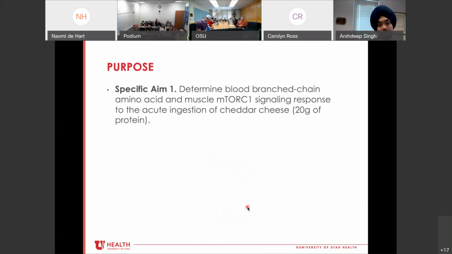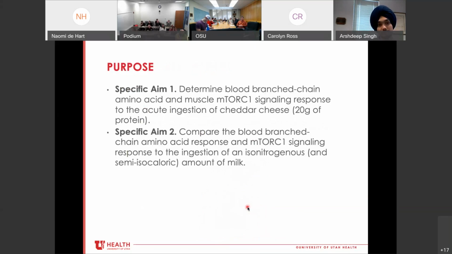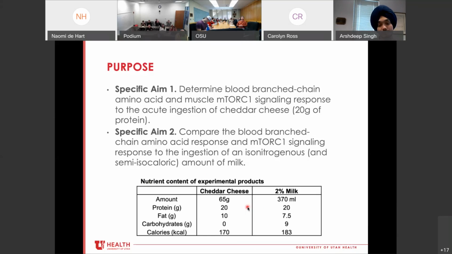So for the first aim, we wanted to determine the blood branched-chain amino acid and muscle mTOR signaling response to the ingestion of cheddar cheese, accounting for 20 grams of protein. And then for the second aim, we wanted to compare the blood branched-chain amino acid response and mTOR signaling response to the ingestion of an isonitrogenous and semi-isocaloric amount of milk. And then here at the bottom, you can see the nutrient content of the two products that we used in the study.